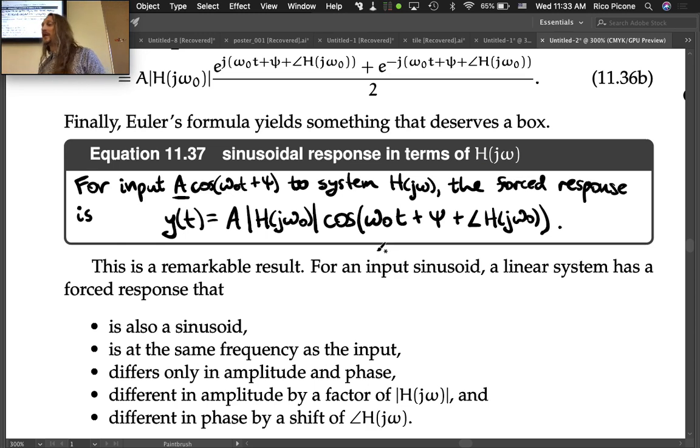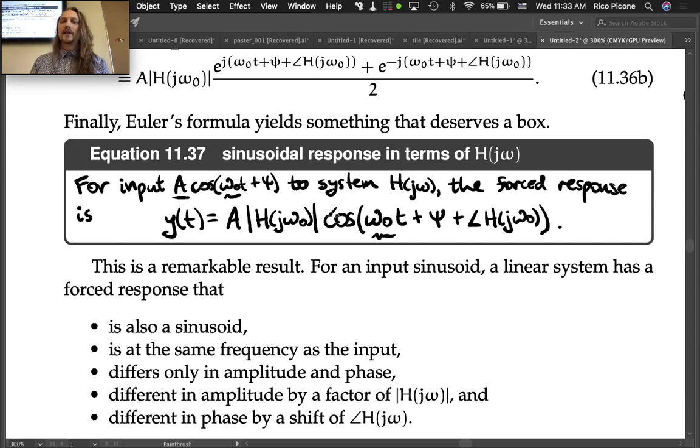Nonlinear systems, if you put in a sinusoid, you don't necessarily get out a sinusoid. So that's important. Second, the sinusoid is at the same frequency as the input. So notice that the input frequency is the same as the output frequency. Differs only in amplitude and phase.